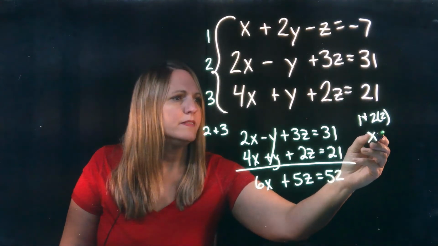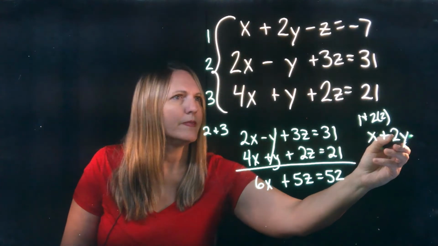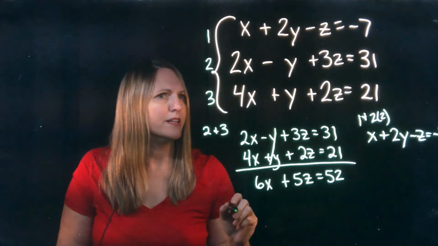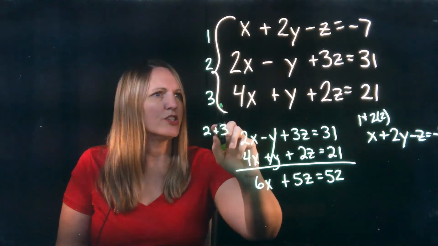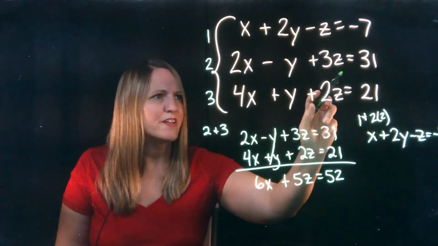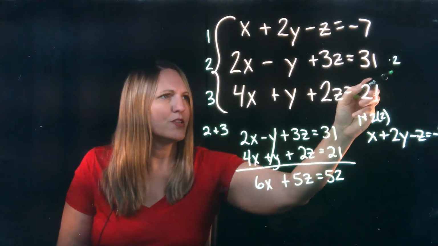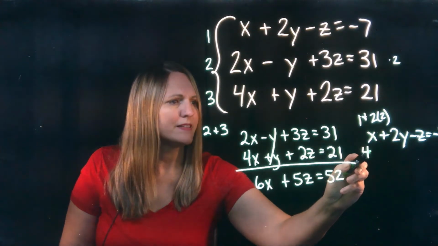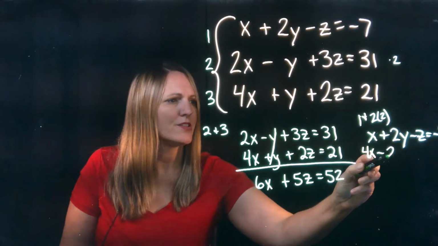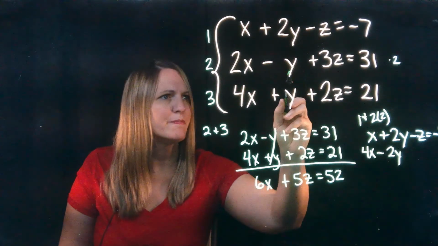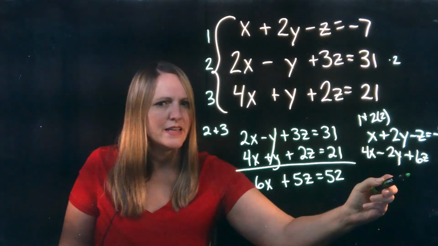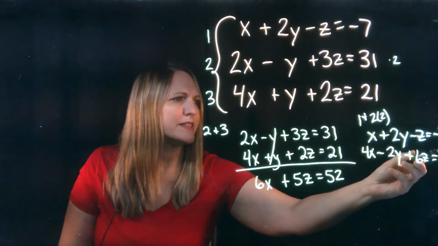Equation 1 is given as this. Oh, it's blurred a little bit there, sorry. And then equation 2, I'm going to multiply everything times 2 so that I'll be able to eliminate. So that will give me 4x, and then a minus 2y. I'm just multiplying everything by 2. Then I'll have plus 6z, and that's going to equal 62.